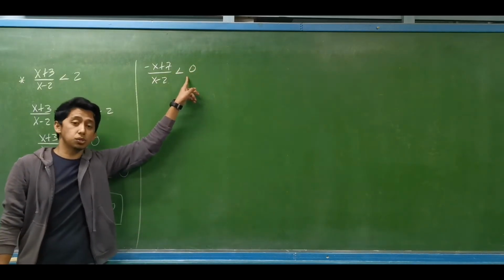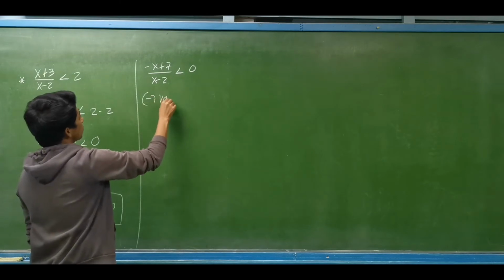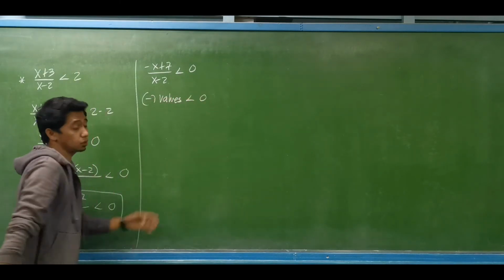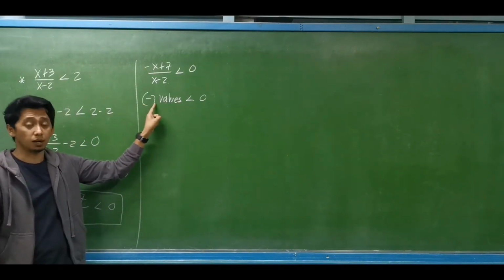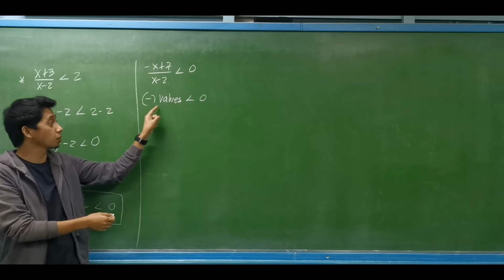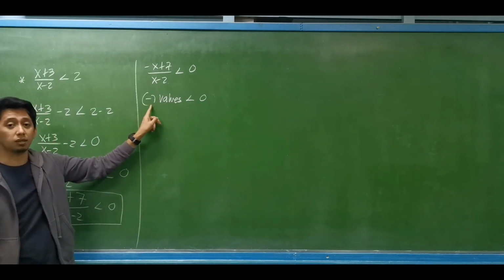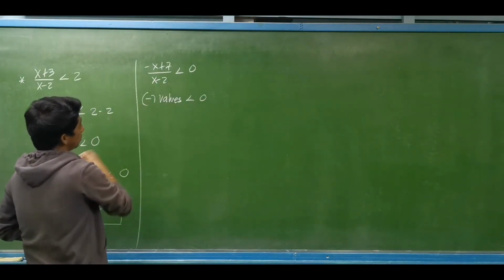So what are the values that are less than 0? Obviously, negative numbers are less than 0. So this time, we are looking for a ratio that will give us a negative quotient. When do we have a negative quotient?